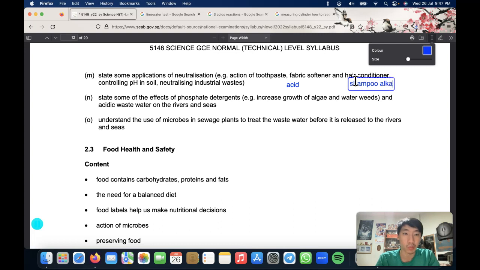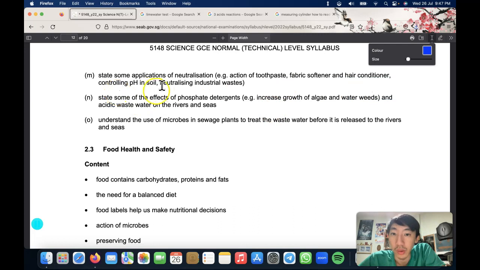If you leave your shampoo on for too long, it can cause damage to your hair. So the hair conditioner is going to be acidic in order to neutralize the shampoo. Nowadays there are a lot of different products, but some hair conditioners work in this way.